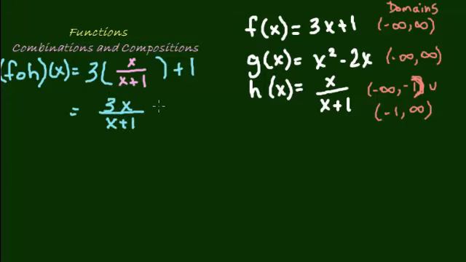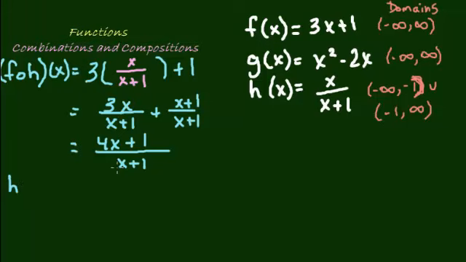I'll need to combine this, so let me get a common denominator. This will be x plus 1 over x plus 1. Keep the same denominator and add the tops. And I'll get 4x plus 1. That's f of h. The domain on that particular function would be the same as the domain for h.